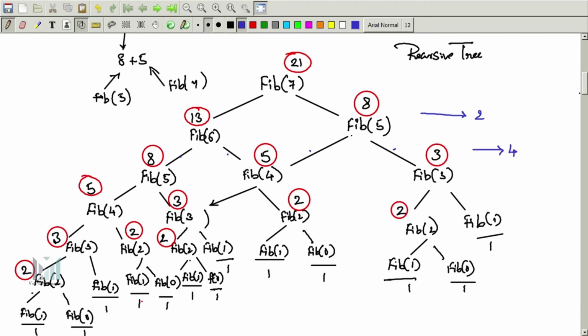Then at the next level, 1, 2, 3, 4, 5, 6. This one is also Fibonacci of 3, so it will be expanded anyway. You might have understood that. It will be almost 8 additions.